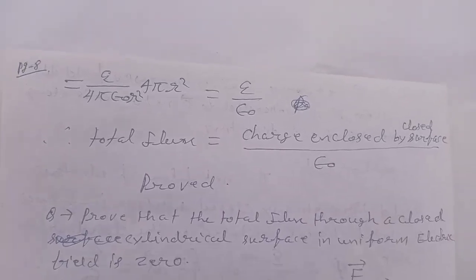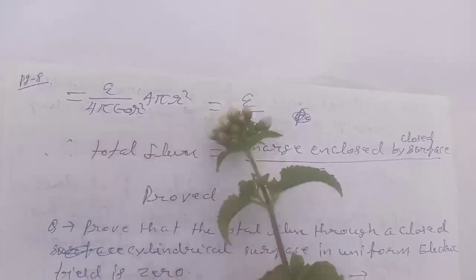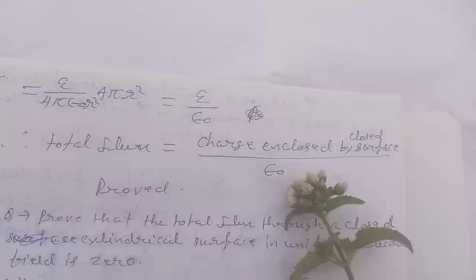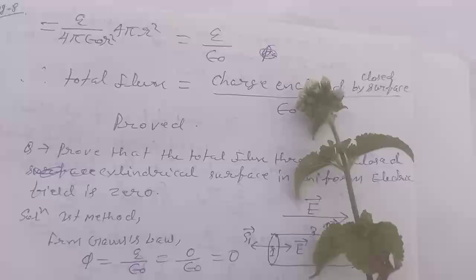Now 4 pi r square will cancel, so we are left with q by epsilon naught. Hence, total flux is equal to the charge enclosed by the closed surface divided by epsilon naught. Proved.